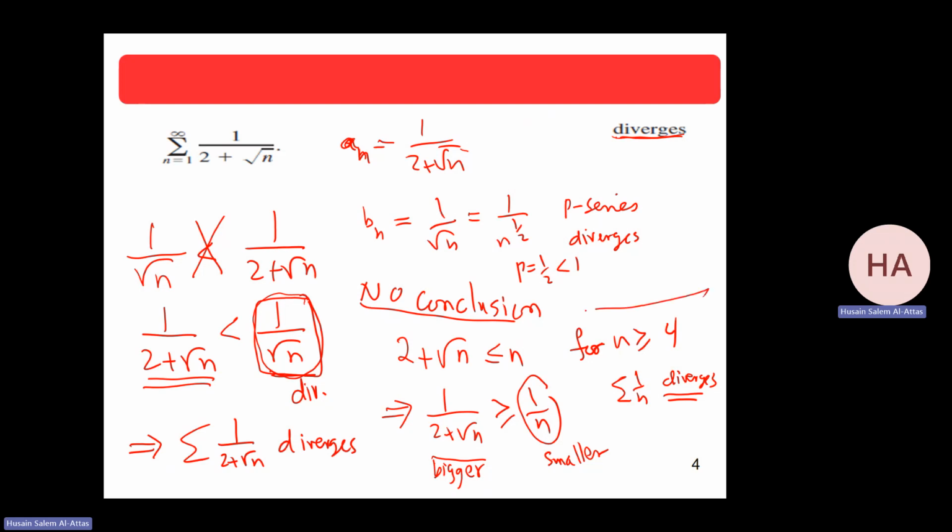However, when I use this inequality, which you can prove by mathematical induction, I get my answer. This is the smaller one, less than or equal to the bigger one, and the smaller one I know is diverging, so the bigger one will diverge.